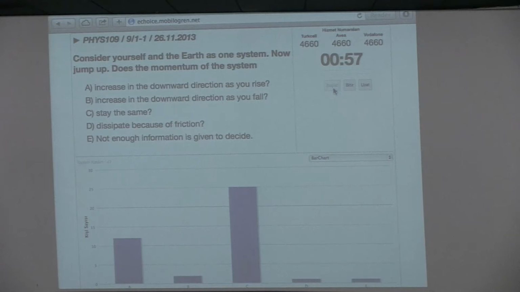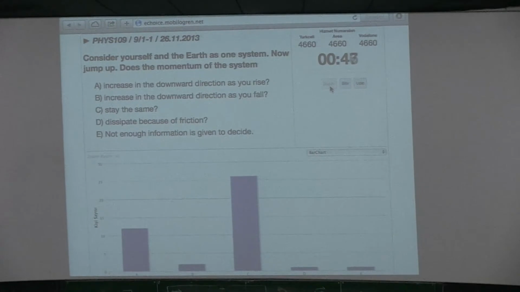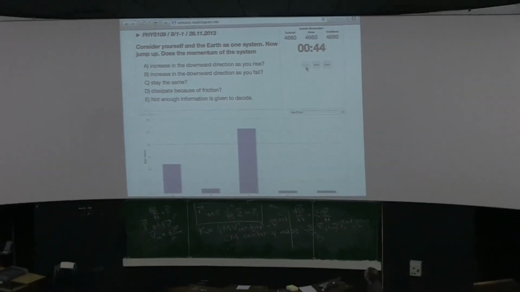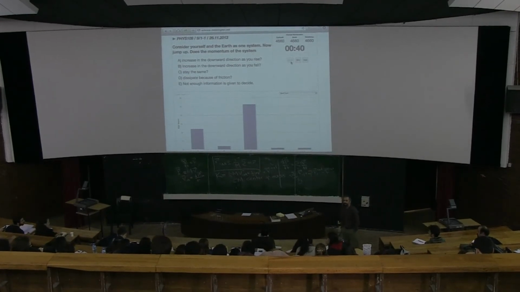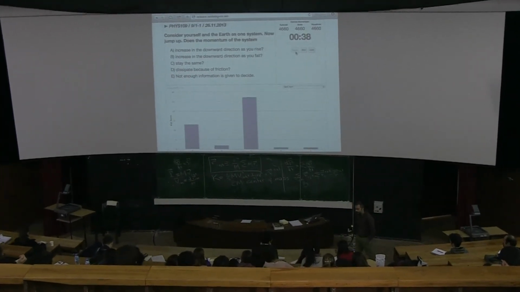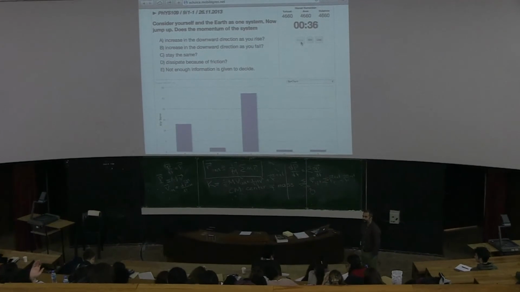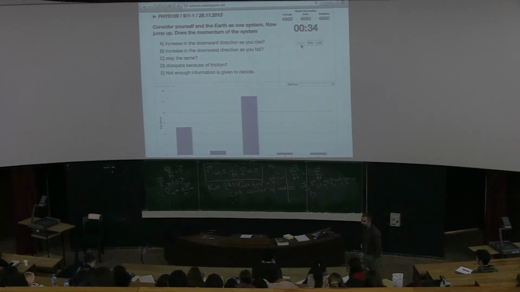So let's start with somebody who has said A. Why A? There is no kinetic or potential energy. At first, there is no momentum of the system, okay?